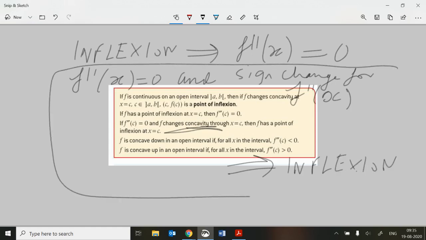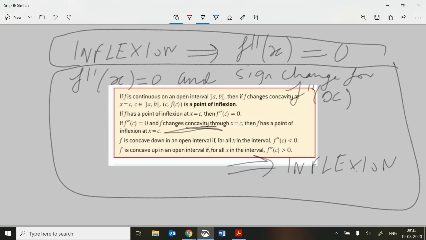Okay, so this is true. So if we're asked to prove this, it's not sufficient just to do this. That's really important. But if we're told we have a point of inflection, then we know this.